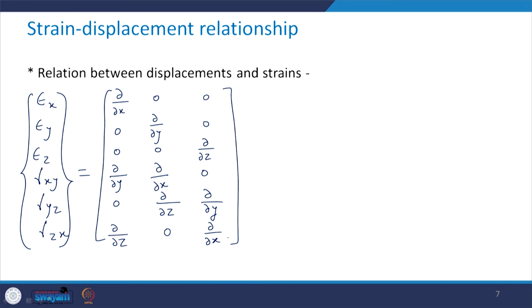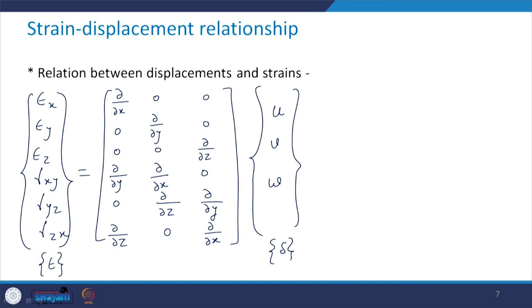This matrix is multiplied by the displacement vector which is u, v and w. So, this is your strain vector and this is your displacement vector.